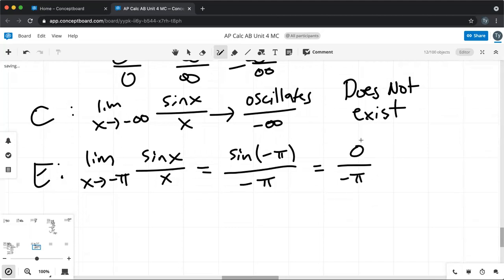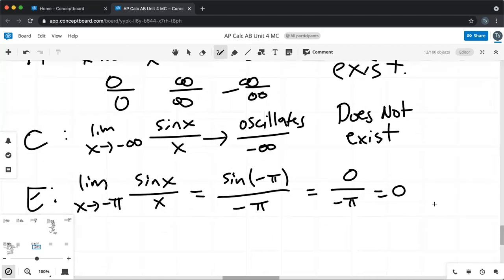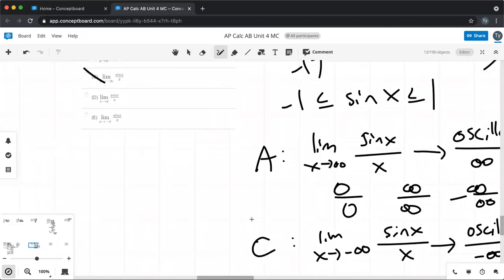Okay. 0 divided by negative pi is 0. Not only is this not an indeterminate form, this limit exists. So this does not look like 0 over 0, infinity over infinity, or minus infinity over infinity. This is just the number 0. So since the limit exists, it's not an indeterminate form. So this one is not what we're looking for here.